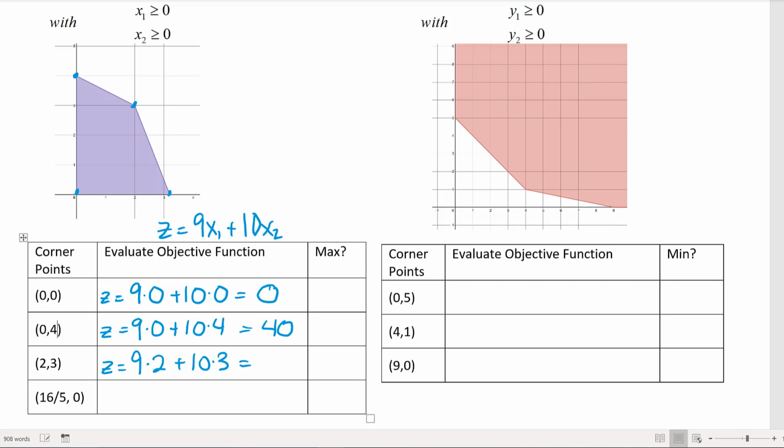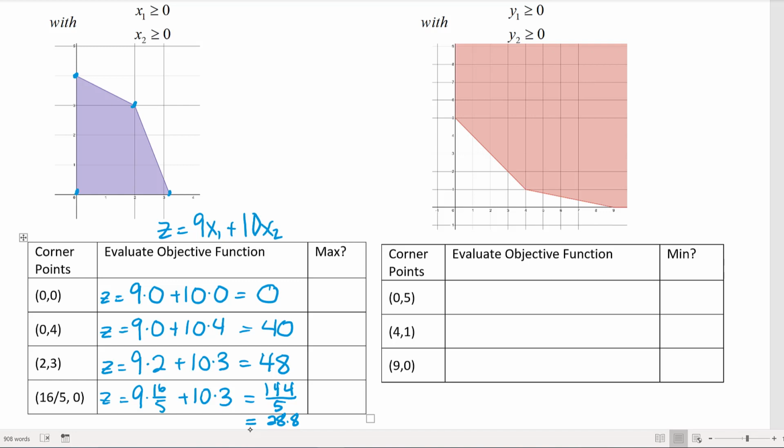So that's 18 plus 30, which is 48. And then the last one I have 9 times 16 fifths plus 10 times 3. And that turns out to be 144 fifths, which if you get a calculator out, turns out to be 28.8, just so we can compare with the other ones.